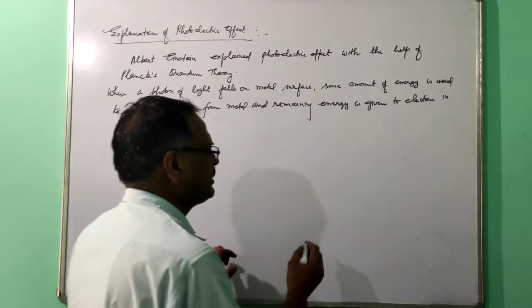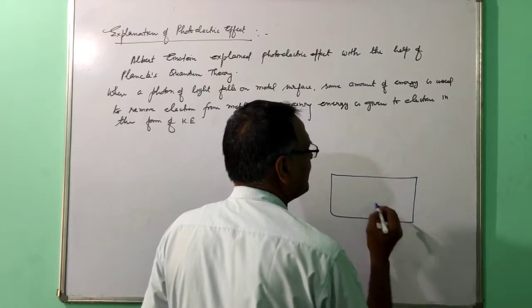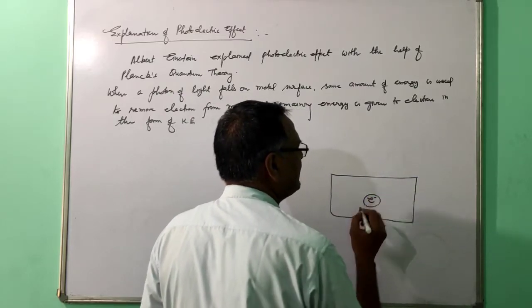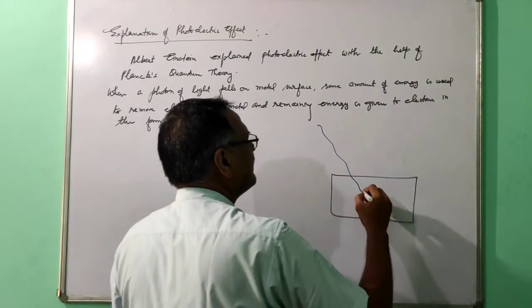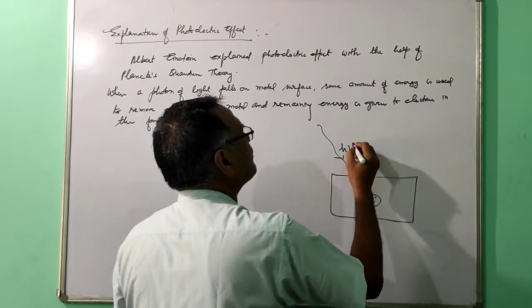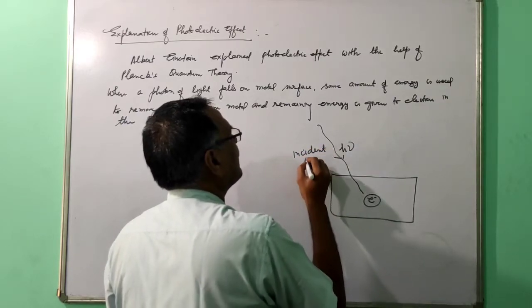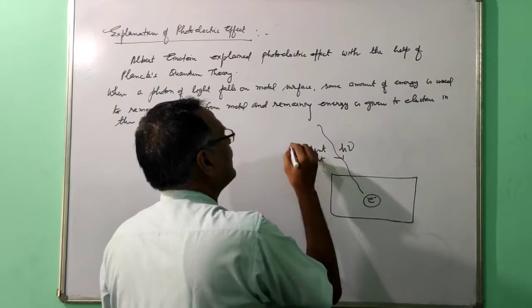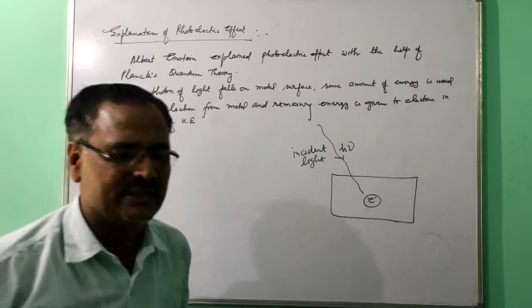So this diagram I am going to draw here. Just you see, any metal surface is there. In this metal surface, one electron is there. The incident light has energy h nu. It falls on the metal surface.